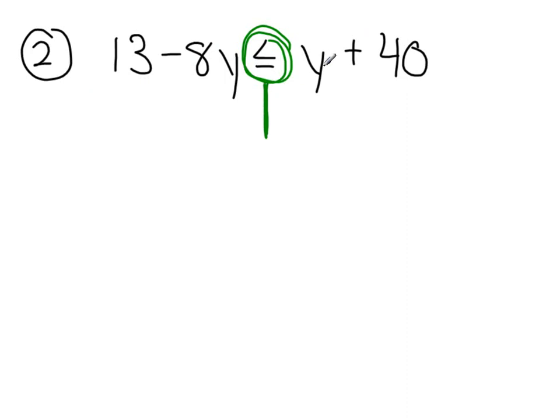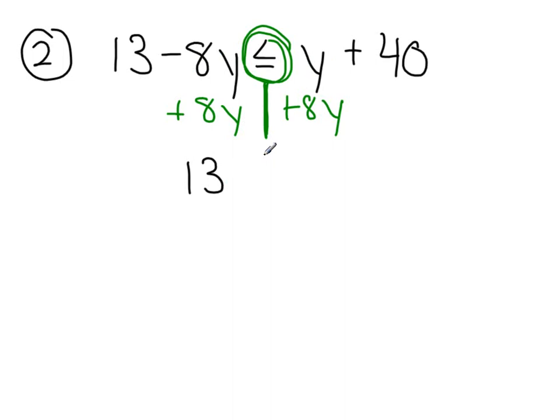We also have the dilemma where y is on two different sides. So we move usually the smaller one to the bigger one. Makes life more positive. So I have a negative 8y and a positive 1y. This guy's definitely smaller, so I'll move him to the other side. And we have 13 still there.